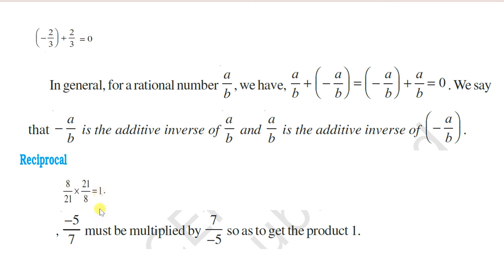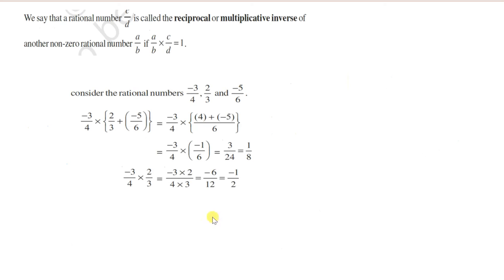So reciprocal of a number is also called the multiplicative inverse. So if a by b is a rational number, then its multiplicative inverse is that number c by d, which when multiplied with it will give you 1.